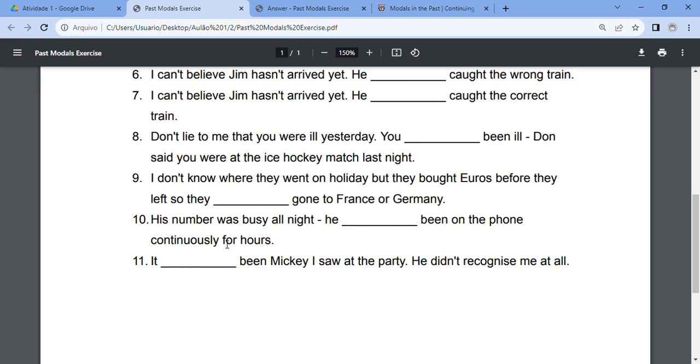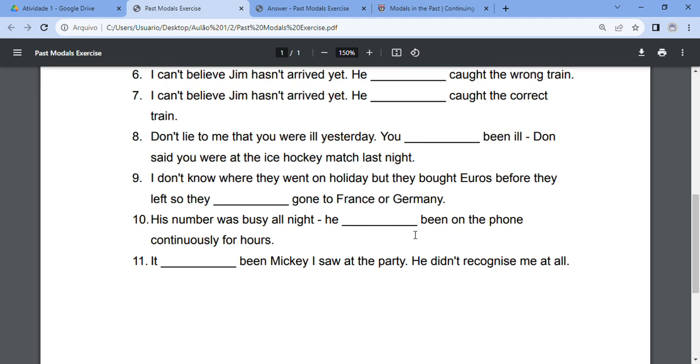Being on the phone continuously. Oh my god. Okay, I will need to cut this. The next one. His number was busy all night. He something being on the phone for hours.